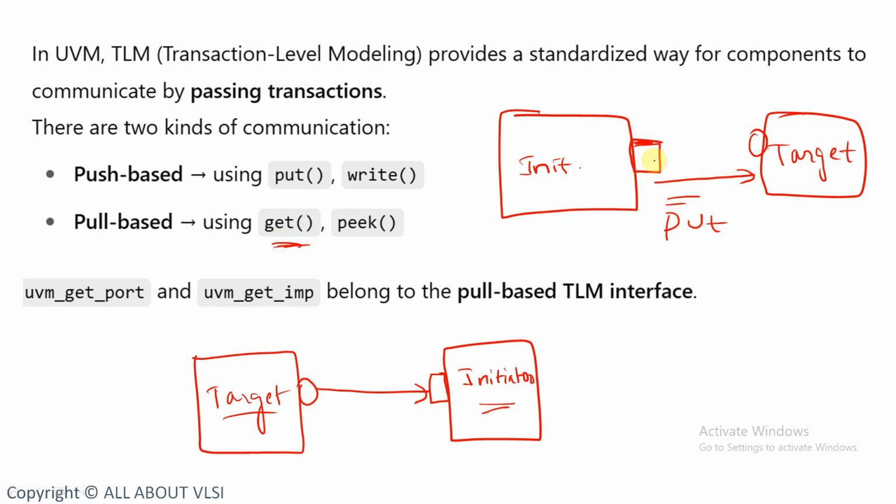Where the data is pushed, we use put. In the second case, the data flow is from target to initiator, and in this type of communication we get the data. This is pull based communication. This is the difference between push based and pull based communication.